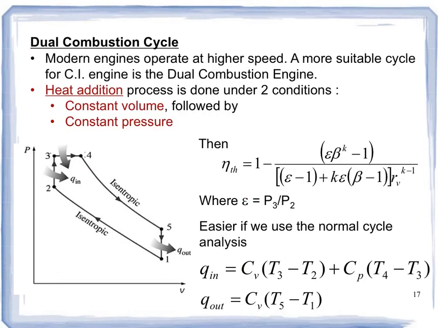So we represent it as epsilon, and by using the ideal gas relation, you can substitute these terms into your T2 over T1, V2 over V1, and rearrange into this, and finally you will have this thermal cycle efficiency. However, it is much easier for you to analyze one by one, which is you make use of this Q in, and then you calculate your Q out, and then you substitute into your thermal cycle efficiency.